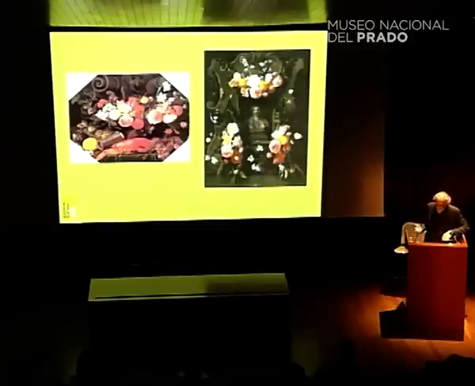So only in about 1643, 44, he started to paint flowers. And when he started doing that, he was looking very much at the example of one of the most important flower painters from that time, Daniel Segers.